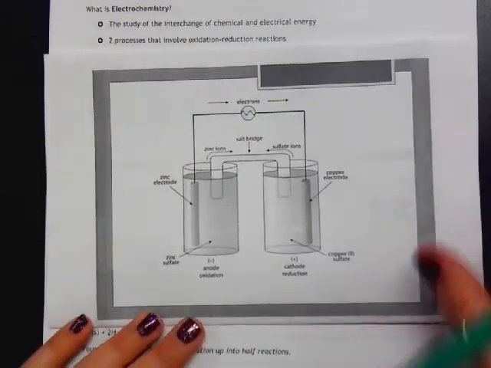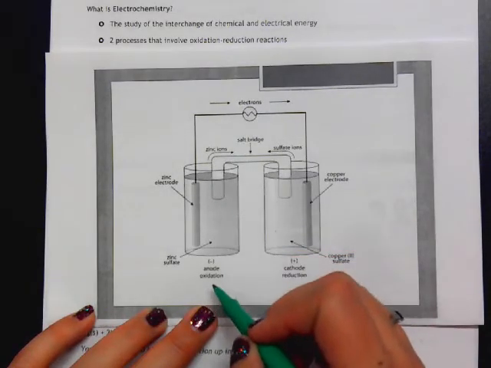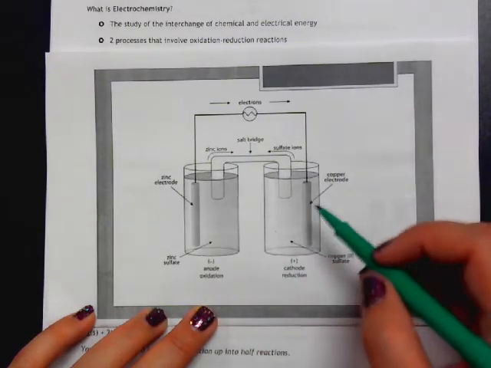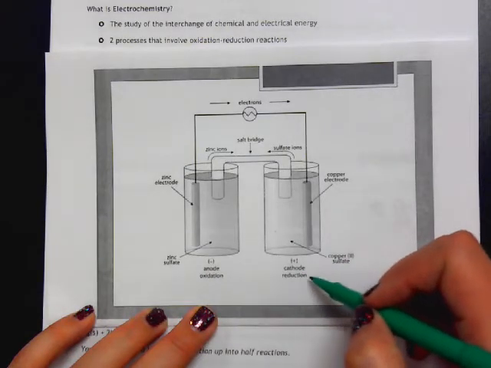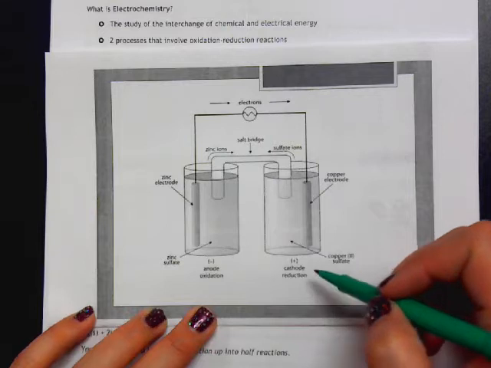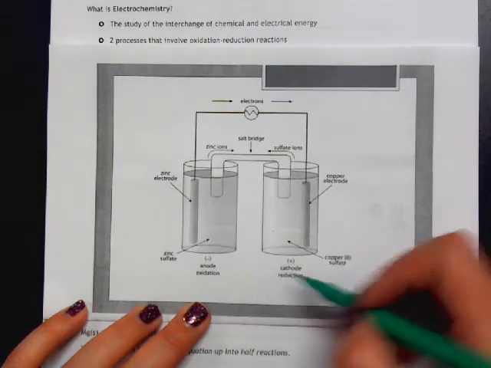On one side we have one half of the cell, where oxidation occurs at the anode, and on the other half of the cell is our cathode, which is where reduction occurs. If you think about this, that is how batteries work. Batteries have a positive and a negative end, and that's how this works out.